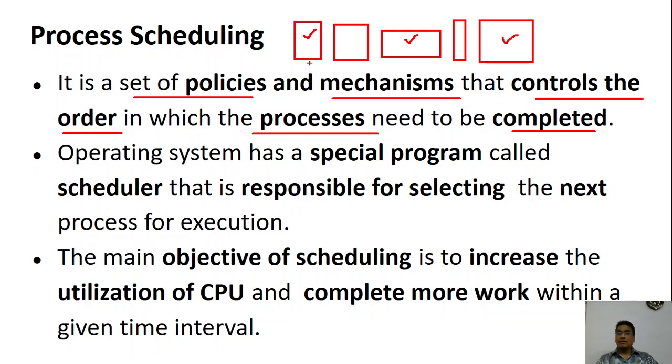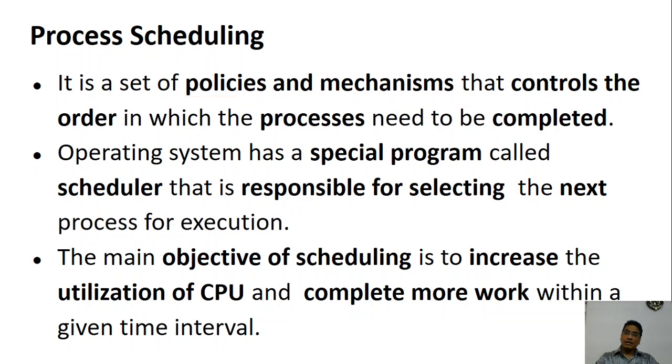So we follow a policy or certain guidelines that help in choosing the processes for their execution. In all operating systems, there is a special program called the scheduler, which is responsible for scheduling all the processes. In other words, the scheduler is responsible for selecting the next process that will go for execution.